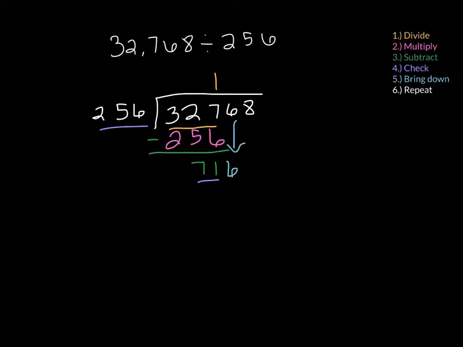Now 256 is actually closer to 300 than 200. And 300 will go into 700 about 2 times. So let's try a 2. And let's multiply 256 times 2.